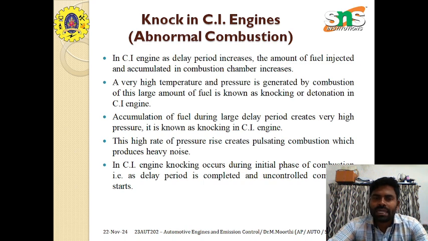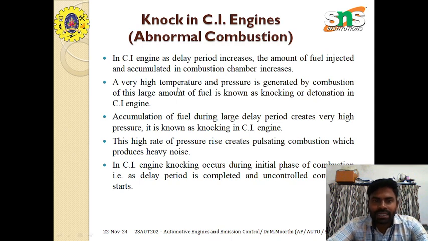In this delay period there is no combustion or burning of fuel taking place, so the fuel, or the air-fuel mixture, is accumulated in the combustion chamber. Once this accumulated fuel starts to burn or self-ignites, it produces abnormal combustion, and during that phase it develops more pressure and temperature inside the combustion chamber. This is called knock in a CI engine and an SI engine.